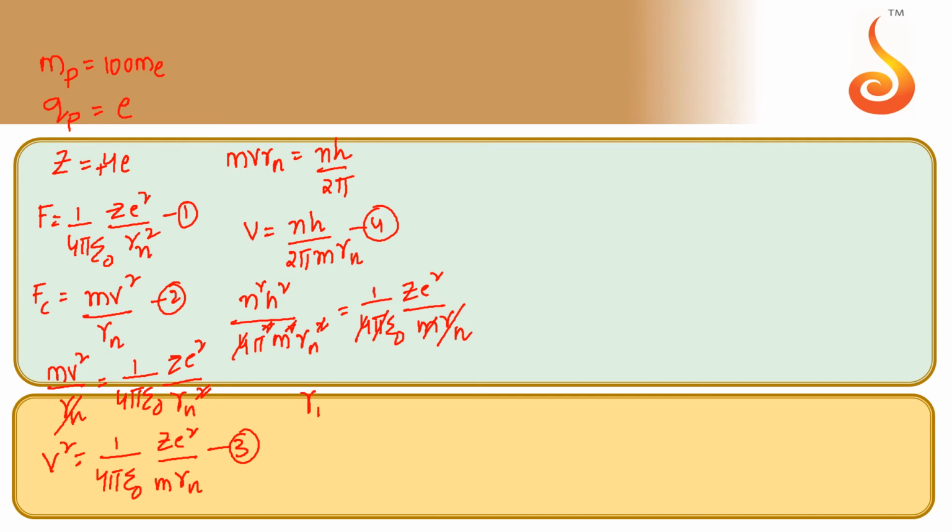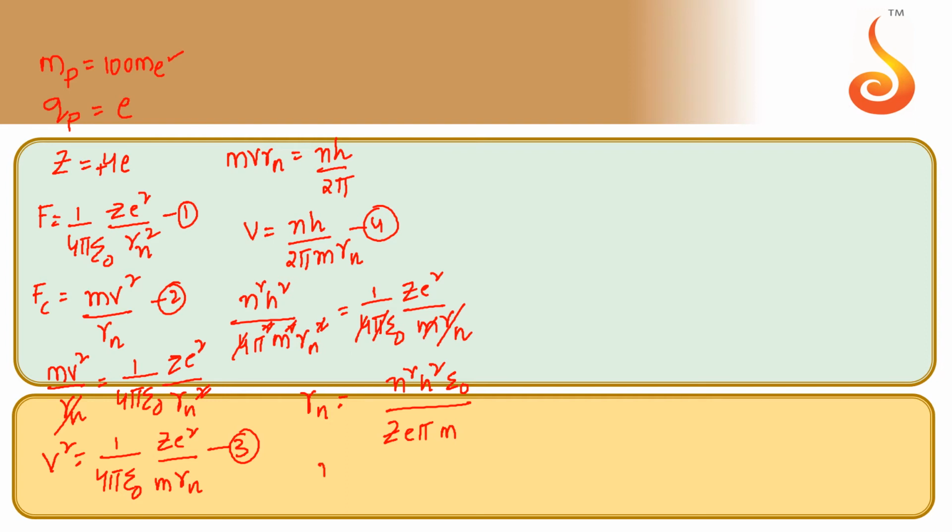Therefore, Rn can be written as n square h square epsilon naught by Z e square pi m.